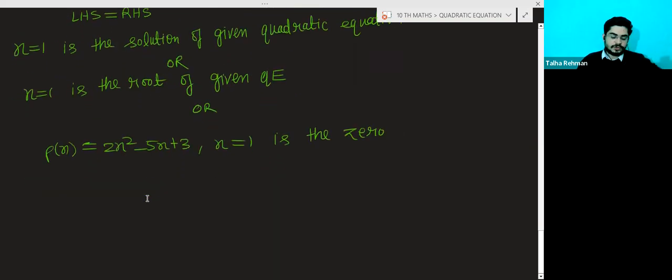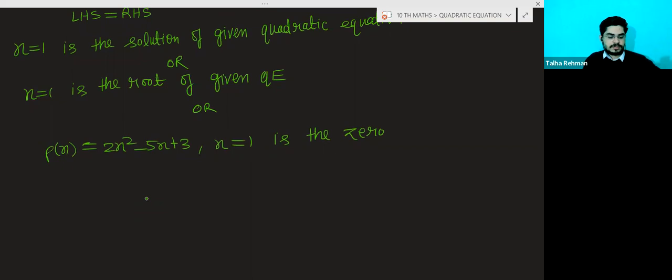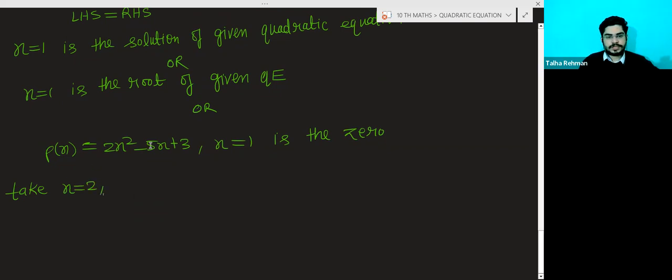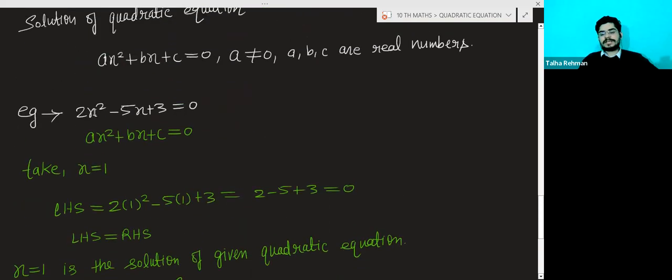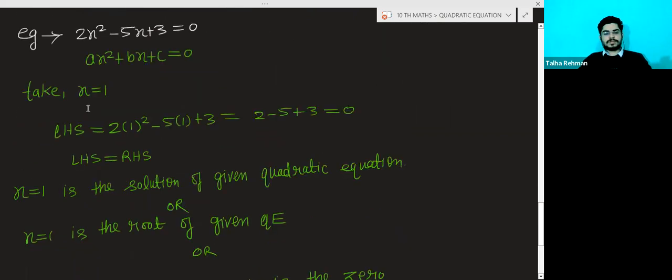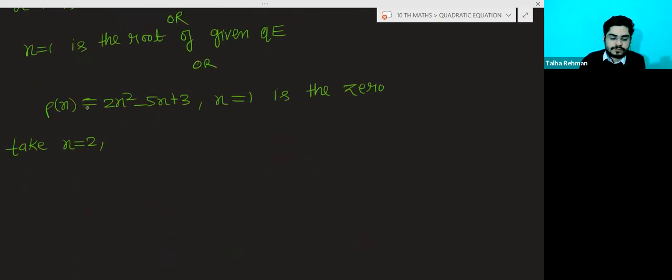Now I am taking another value. Take x is equal to 2 and put it in this quadratic equation. The left hand side is equal to 2 into 2 square minus 5 into 2 plus 3.